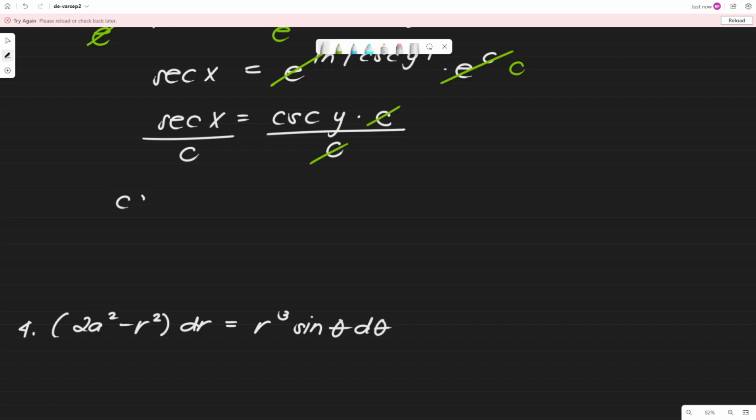Okay, so we have cosecant y is equal to c secant x. Okay, so this can serve as an answer, or we can simplify this from secant, no, gawin nating sines, no? From secants, gawin nating sines. So, we'll divide both sides by cosecant y and secant x. So, magiging 1 over secant x at saka 1 over cosecant y.